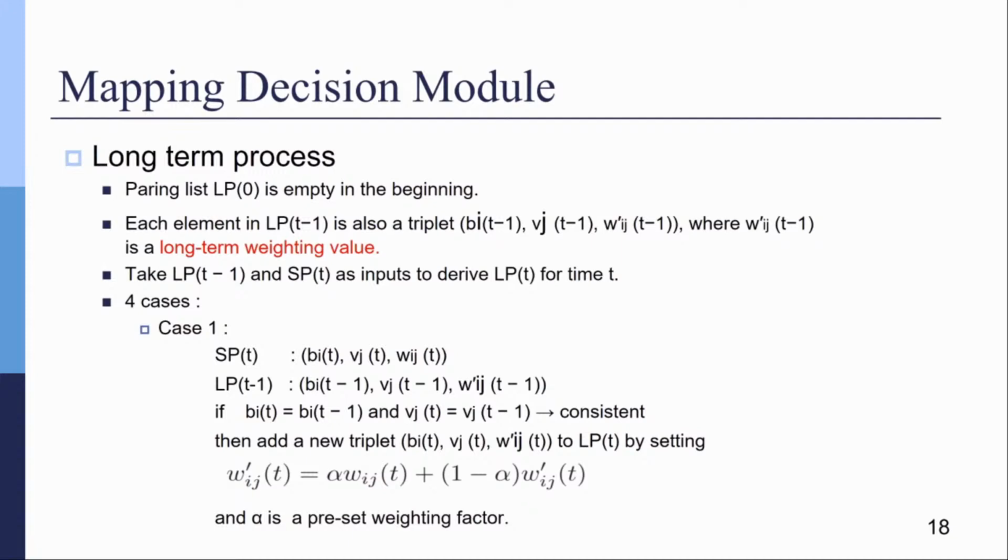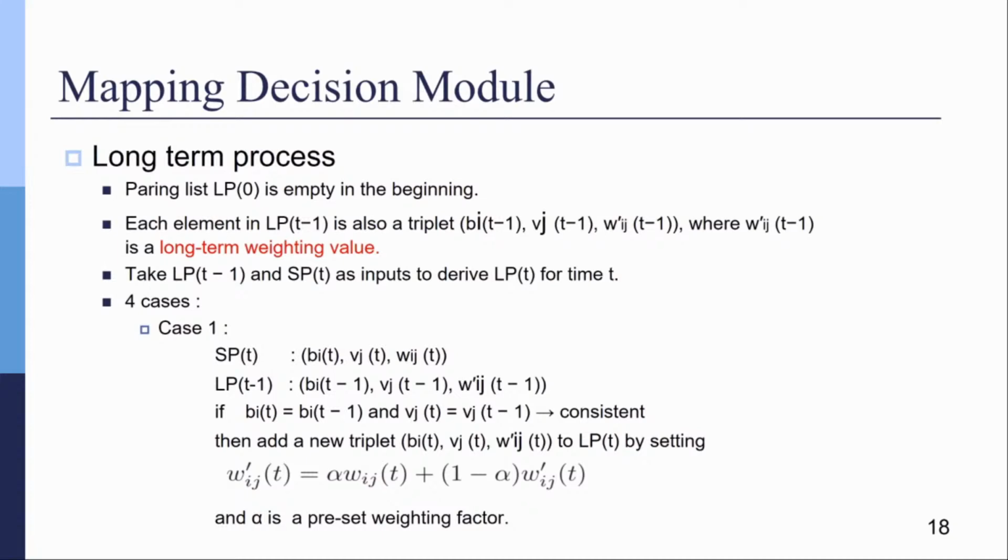In the long-term pairing, we will take LP of T-1 and short-term pairing result SP of T into consideration. There will be 4 possible cases when we compare LP of T-1 and SP of T.